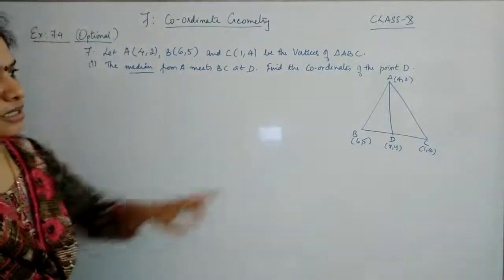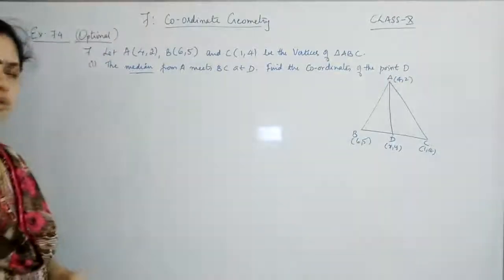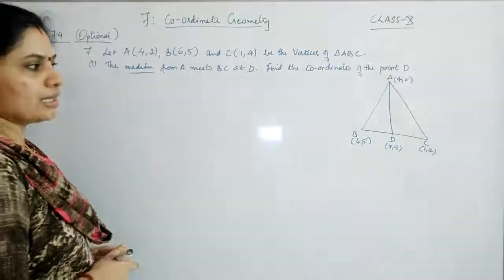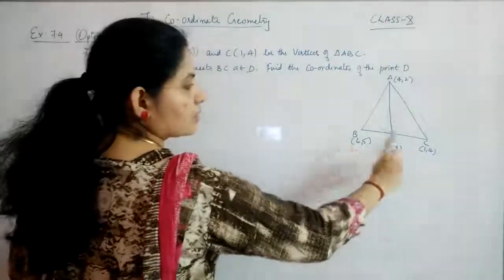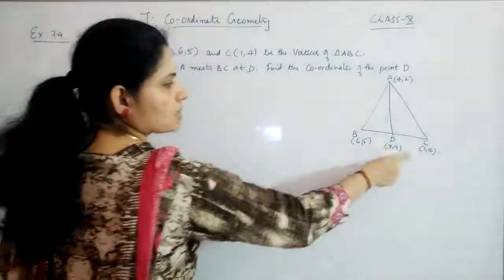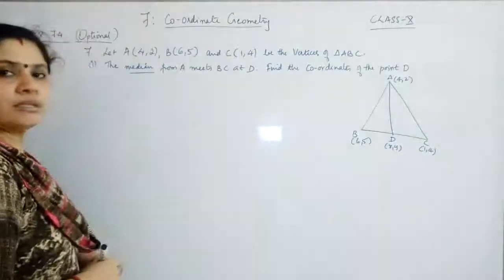Since D is acting as a midpoint, you can use your midpoint formula. That means if these two points are (x1, y1) and (x2, y2), then (x1 plus x2) by 2 comma (y1 plus y2) by 2 will give you the midpoint.